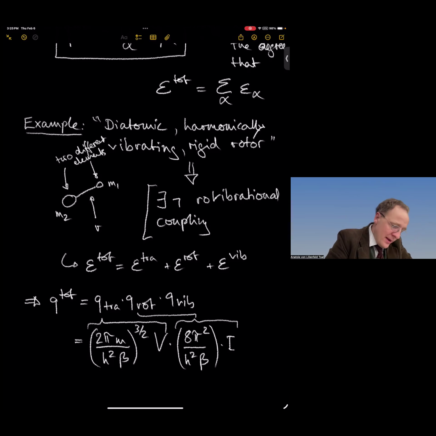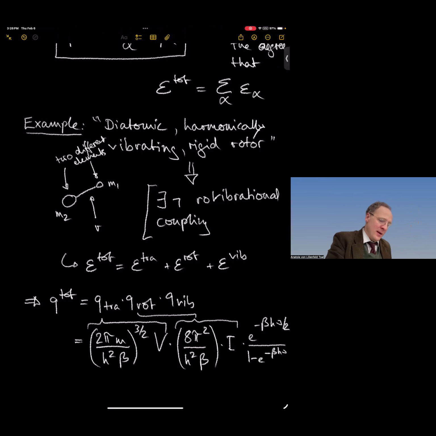And then we have the vibrational partition function, which is written as e to the minus beta h nu over 2, where nu is the frequency of your vibration, right? Your two atoms, they will vibrate. And this is still divided by 1 minus e to the minus beta h nu.